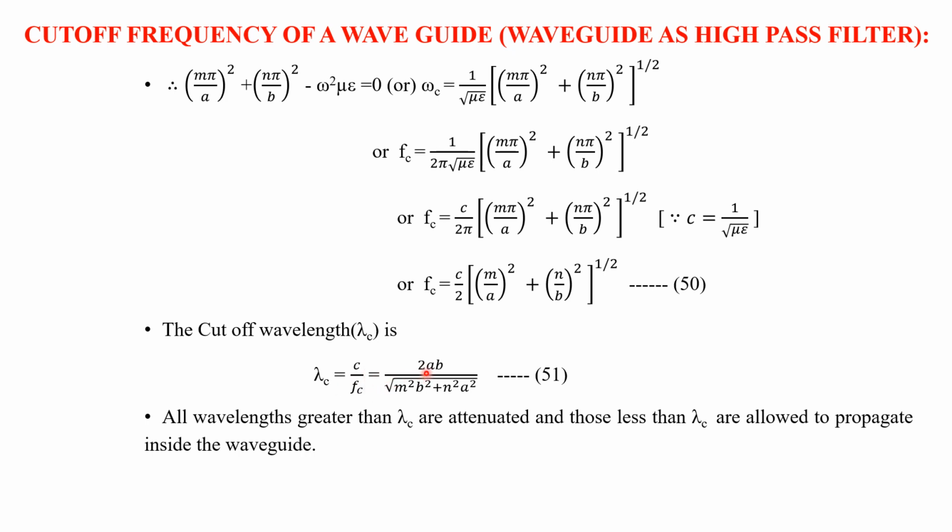Substituting fc with this complete term, we get the expression: lambda c is equal to 2ab by root of m square b square plus n square a square. This is the cutoff wavelength for the waveguide, and this covers the cutoff frequency and cutoff wavelength of a general waveguide which is used to pass microwaves.